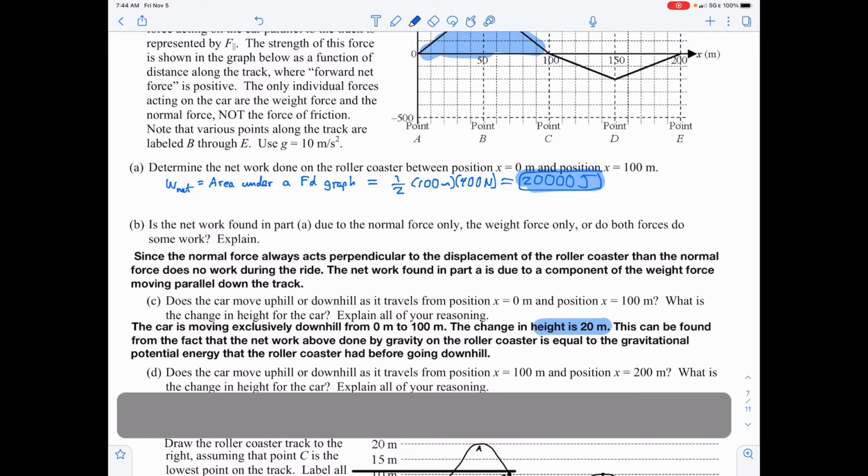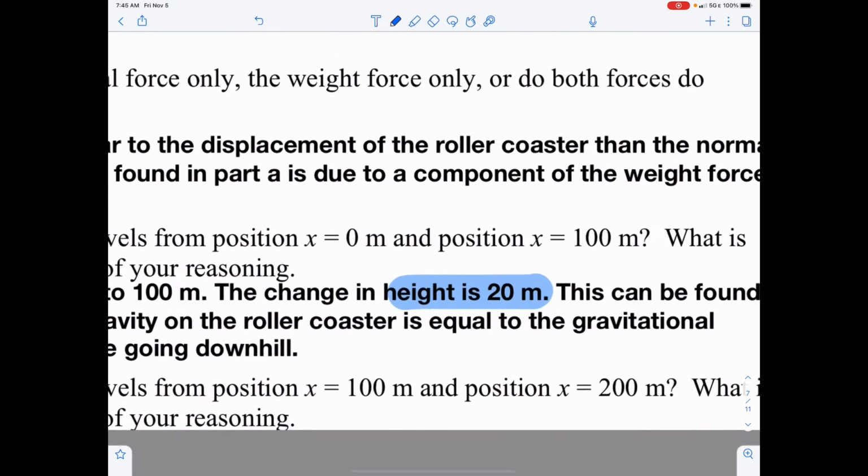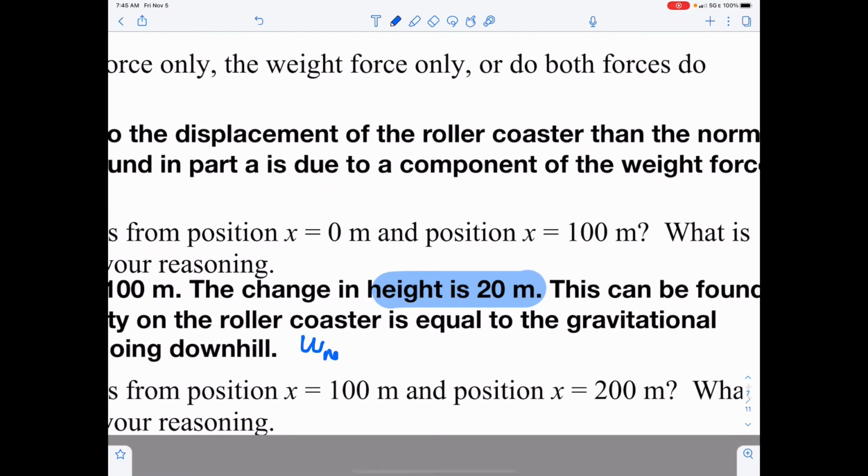This can be found by the fact that the net work done by gravity on the roller coaster is equal to the gravitational potential energy the roller coaster had before going downhill, meaning the net work is also equal to a change in energy. We'll use that with mgh, and we'll simply solve for h.